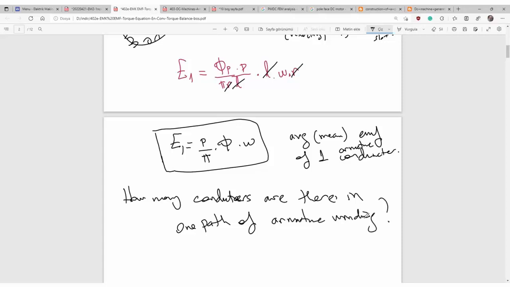How many conductors are there in only one path of the armature winding? Only one path of the armature winding.